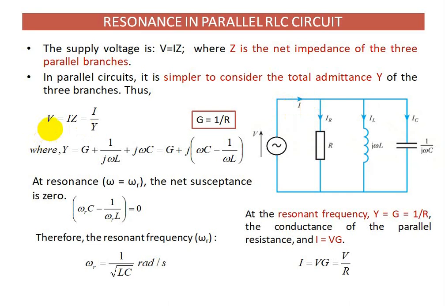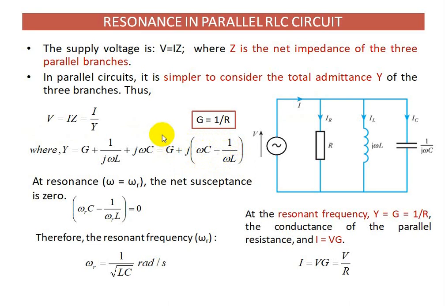Here we will write the equation for admittance, and from it, if we equate the susceptance to 0, we can get the resonant frequency. Try to understand that in parallel RLC circuits, the total susceptance will be 0.